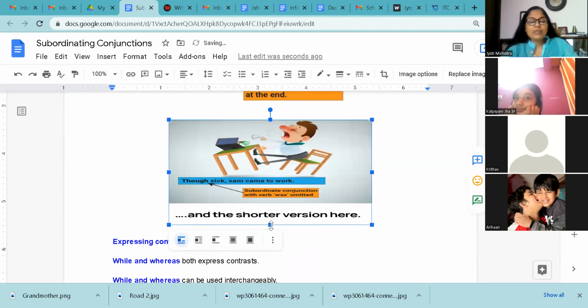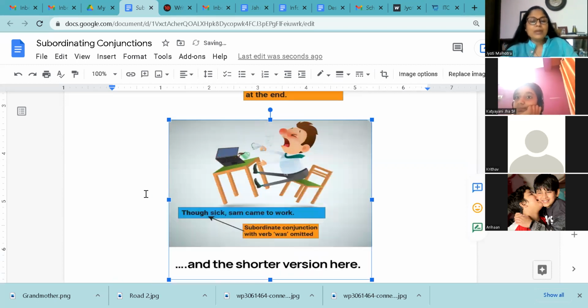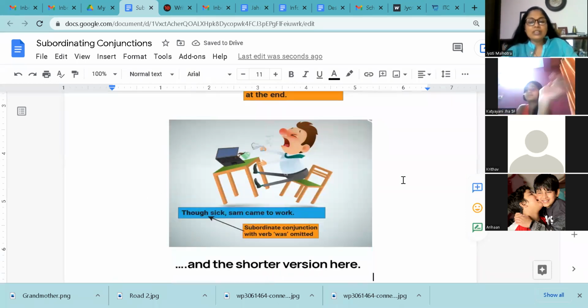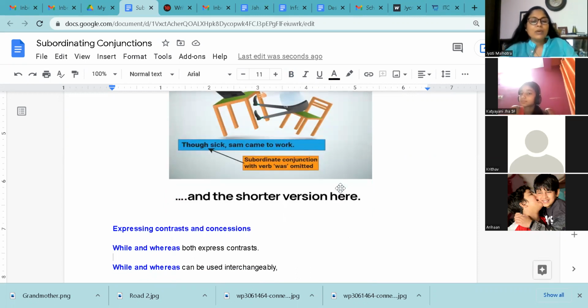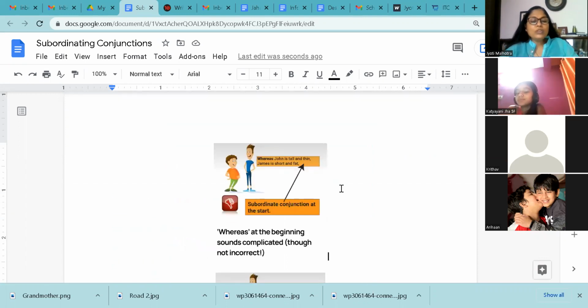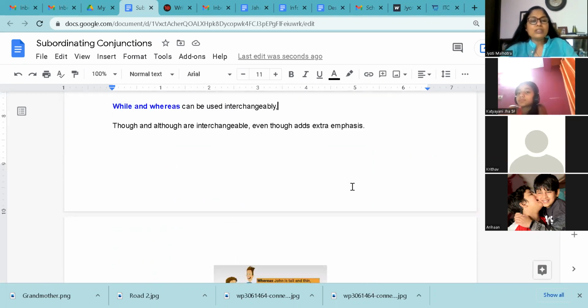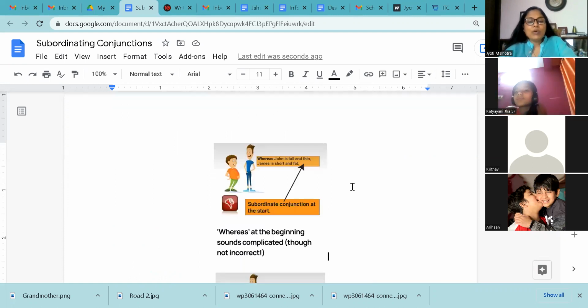So children, I've explained to you the placement of conjunctions and I'm teaching you different types of conjunctions. I've taught you reason and now I am on contrast or concession. Though sick, Sam came to work is another way of putting the same sentence. We also make use of other words such as while and whereas for expressing contrast.